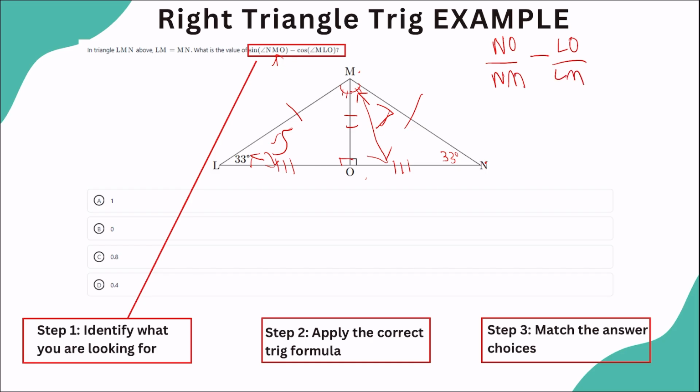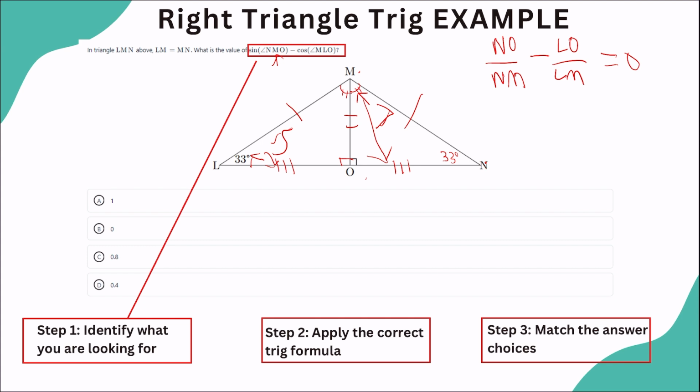So if we're looking at our two triangles, NO over NM is actually just the same as LO over LM. They're both taking our bottom side and dividing it by our hypotenuse. And so if we're dividing the same two legs, then subtracting them is going to be equal to 0 because they're the same exact value.